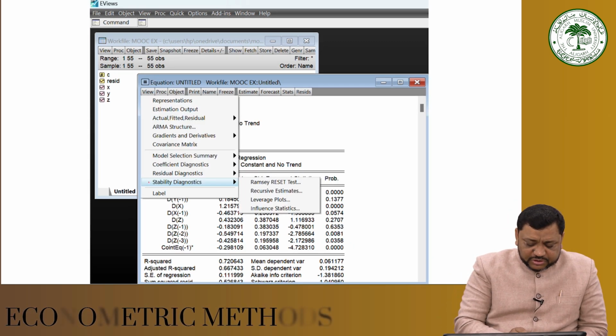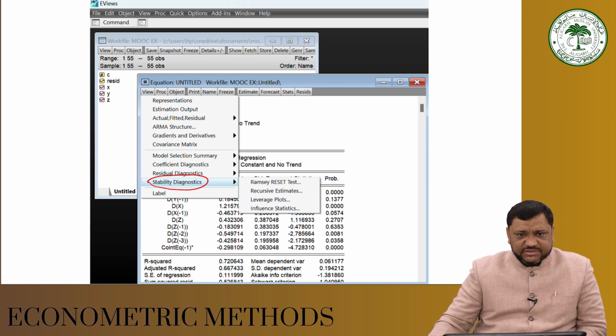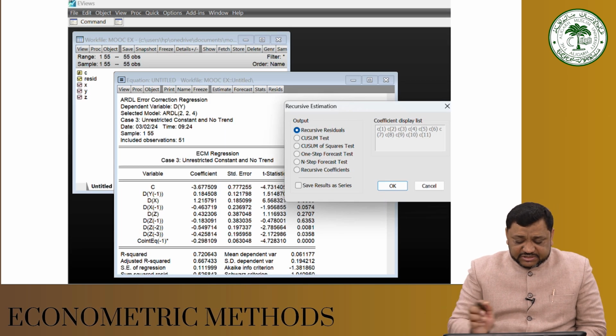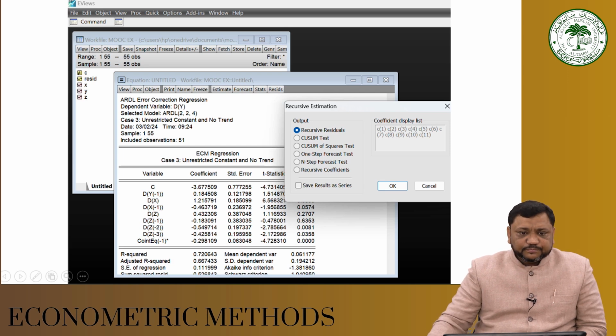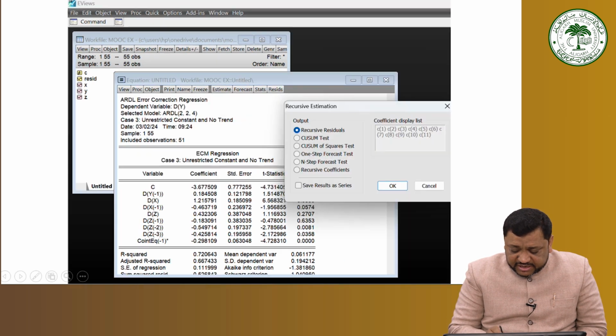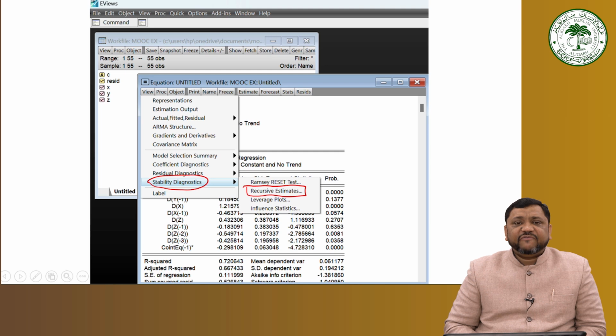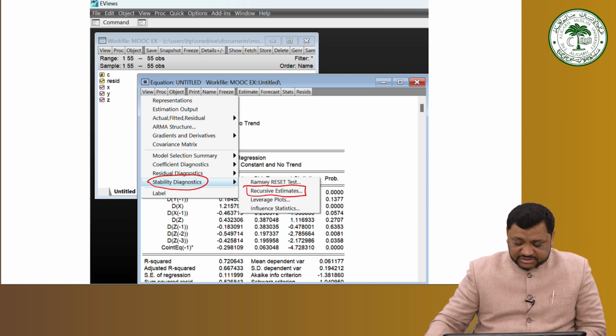So now we go to the stability diagnostics. We go to View and then Stability Diagnostics. In stability diagnostics, we will go for recursive estimates, because here we have to ascertain that the model is stable.